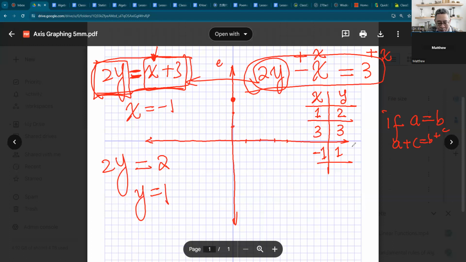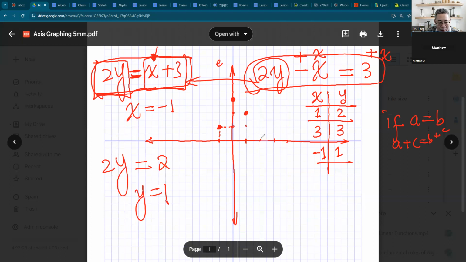Okay, where's negative 1, 1? Negative 1 is here. 1 is here. So this would be this point. So go up and it will be that point. Okay, and 1 and 2, 1 is here. Go up by 2, which is here, this point.